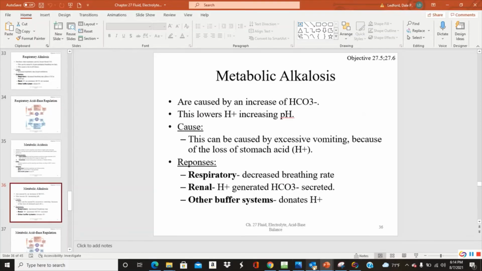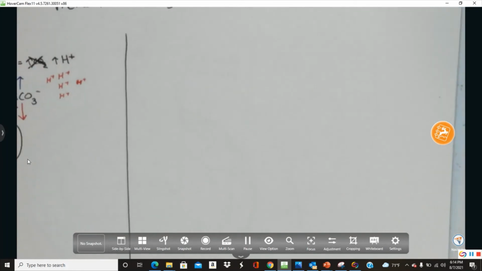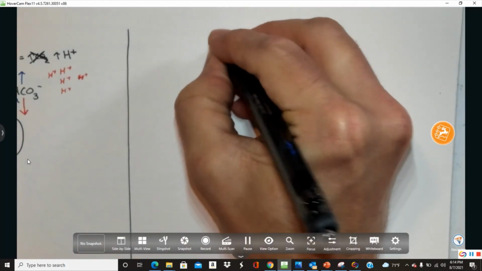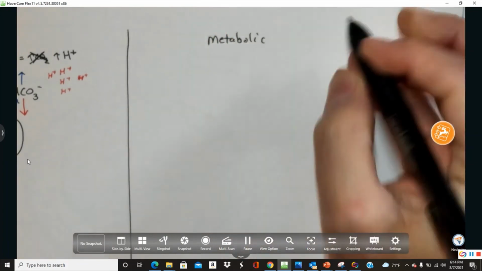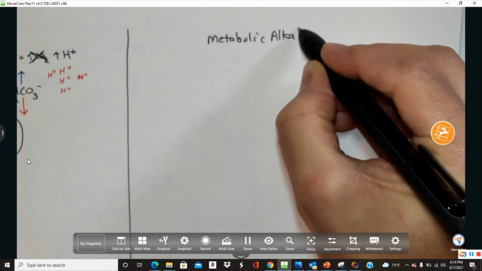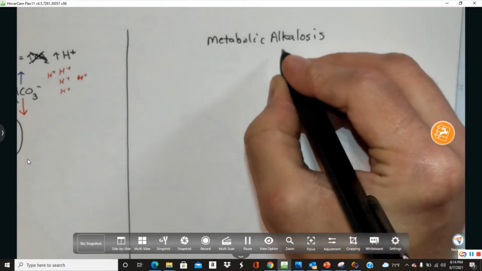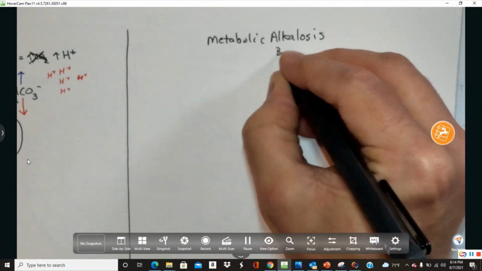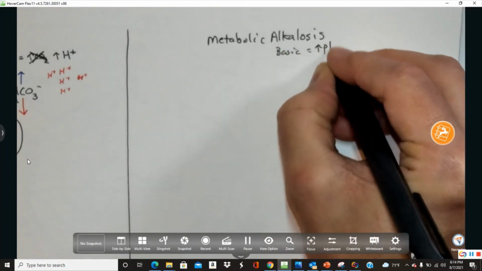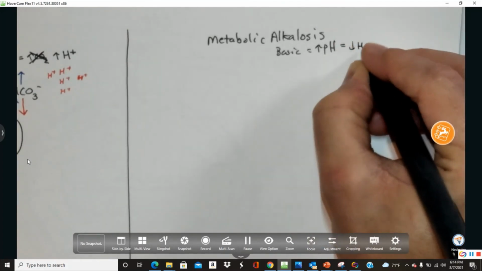What is alkalosis? We already know alkalosis means you're kicking up the pH. So let's talk about metabolic alkalosis. Remember, in alkalosis we are dealing with basic, which is a high pH, which means I have low hydrogen ions.